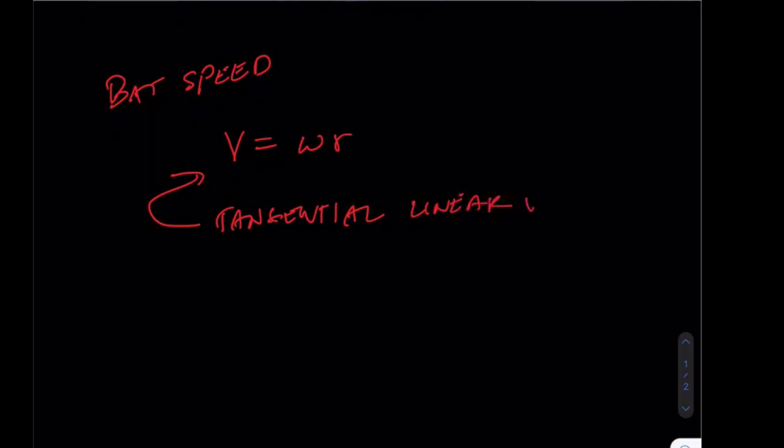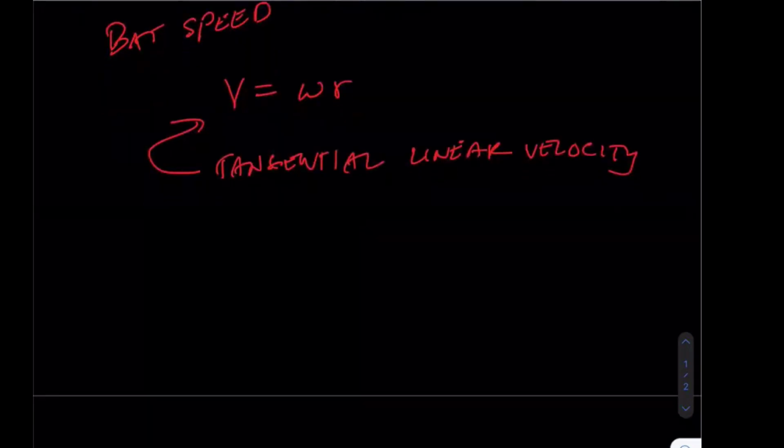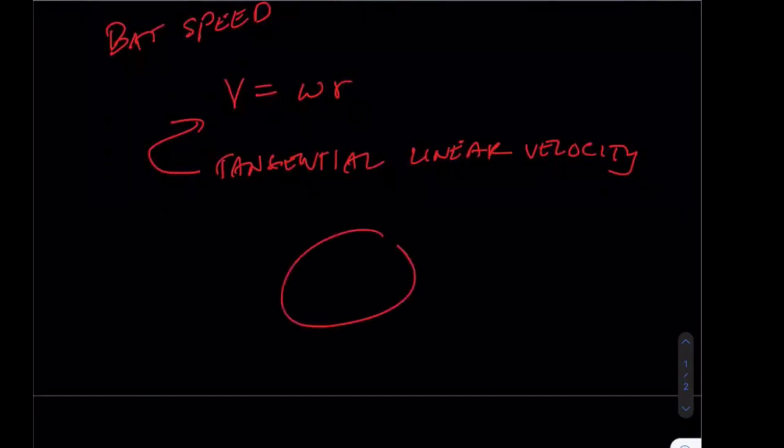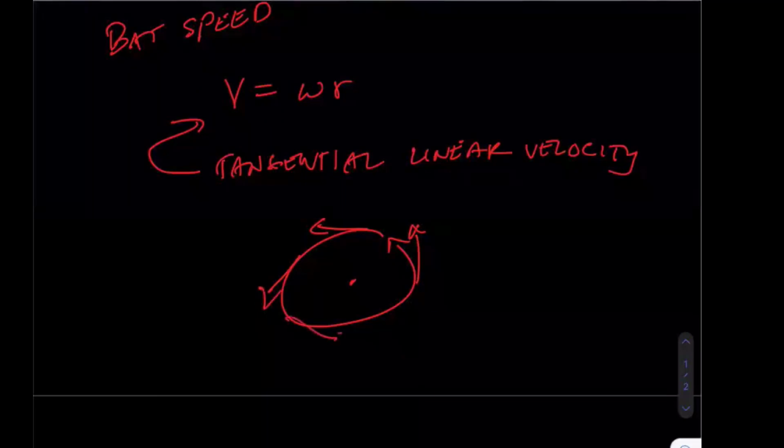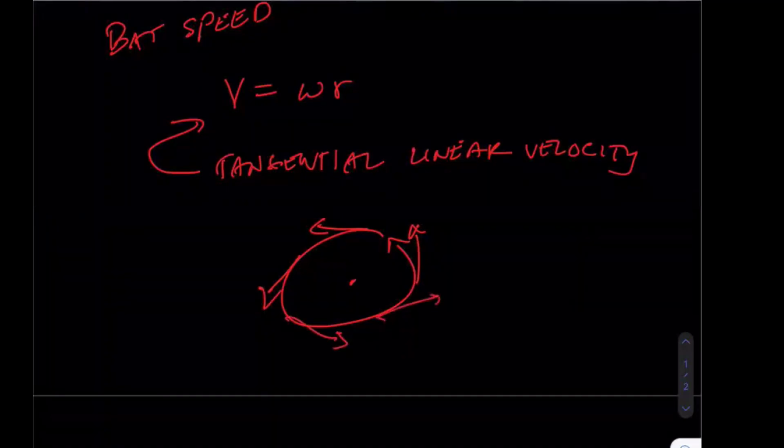We know that angular velocity, which is the velocity of moving in a circle, is related to the linear velocity that is tangent to that circle. And that relationship is given by omega times the radius. That's angular velocity times the radius.